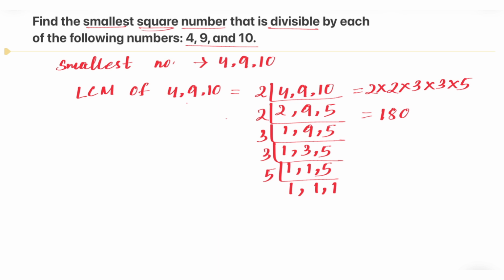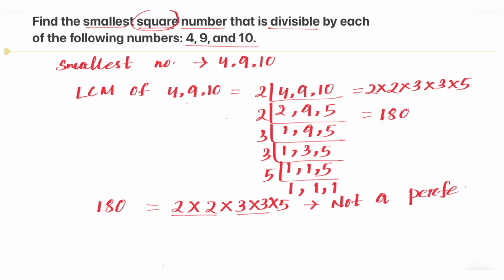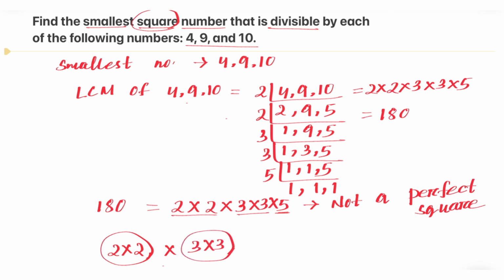But is it a square number? Let us do its prime factorization and find out. Here you can see its prime factors are not in pairs. So 180 is not a square number. But in our question, it is asked to find the smallest square number, which is divisible by 4, 9 and 10. You can observe in the prime factorization, number 5 is not paired.